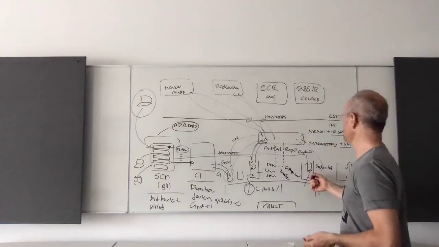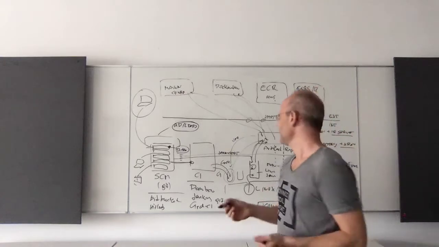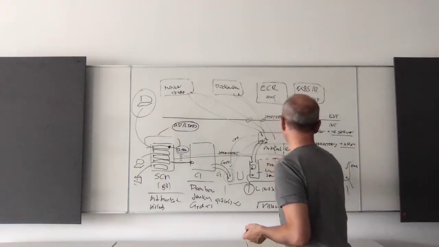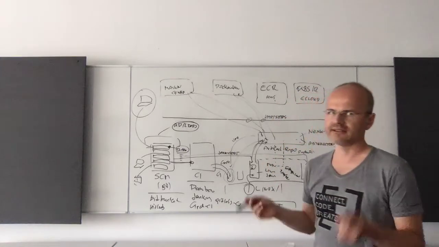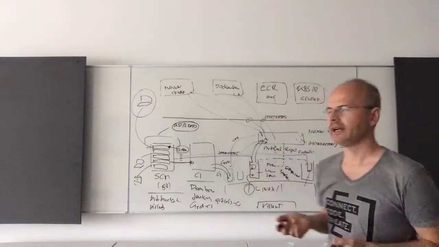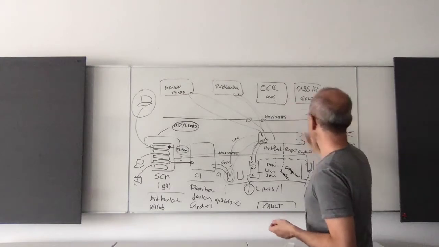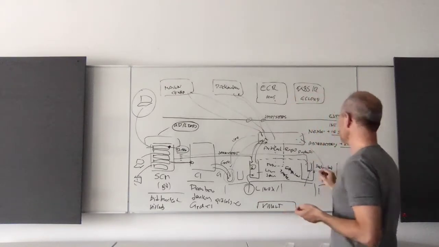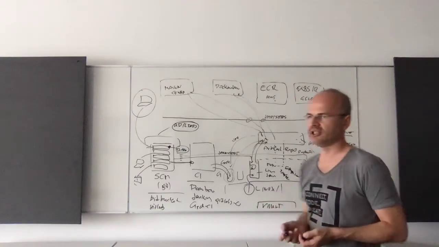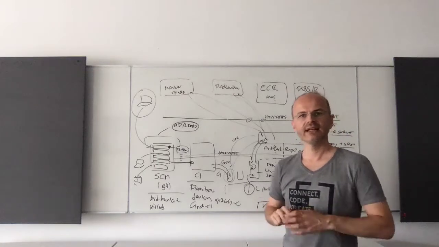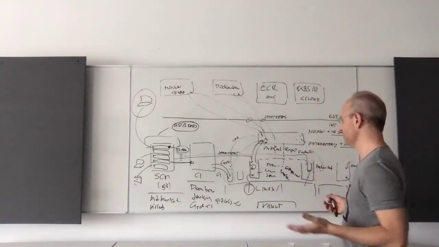Then you have one that does the Docker in Docker builds. Usually it turns out that having the code build and the Docker in Docker build in one container is quite straightforward. You ship the artifact, and as soon as you ship the artifact up here, you also might want to have your AWS credentials inside here. So this is actually how the whole integration works.